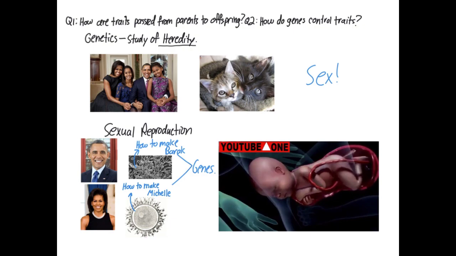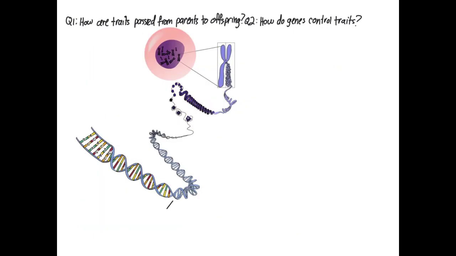And now the question becomes, exactly how are these genes controlling traits? In other words, how do genes instruct the cells of an individual to make dark hair? We'll spend lots of time on this later on in the course, but I'll just go over the basics here. A gene is made up of a molecule called DNA, which itself is made up of smaller molecules called nucleotides.